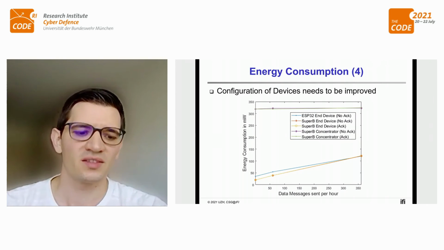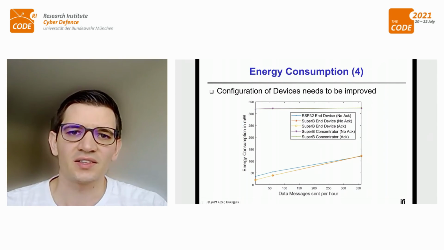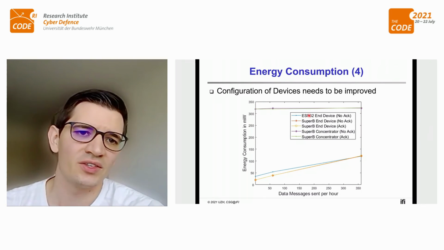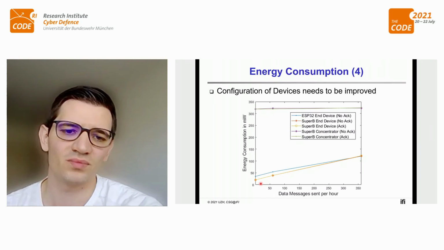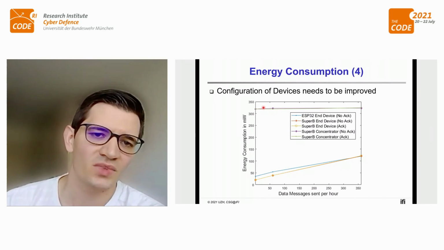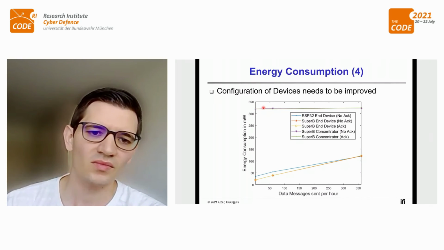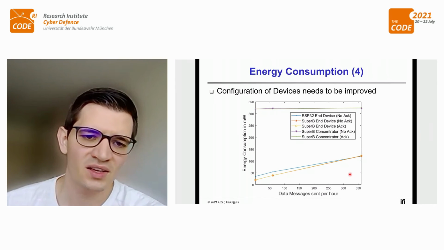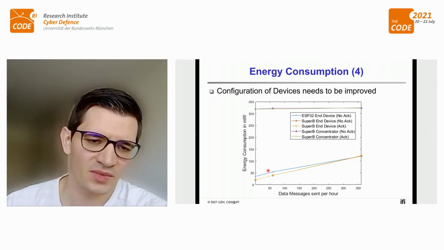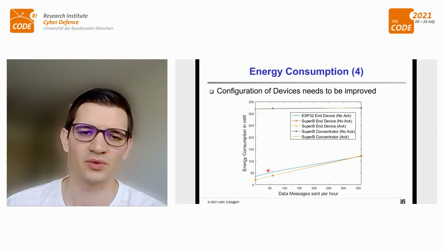We can see that the concentrators already use much energy, even if they are not sending lots of messages. This is because they can't enter the deep sleep mode. The end devices can enter deep sleep mode when they are not sending anything. So for them it matters much more whether they are sending more messages or fewer ones.